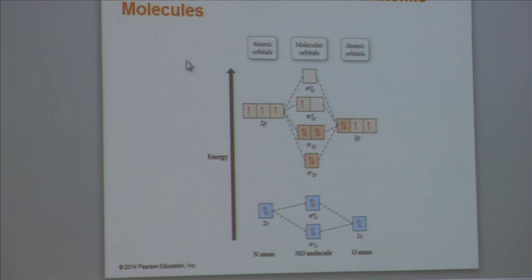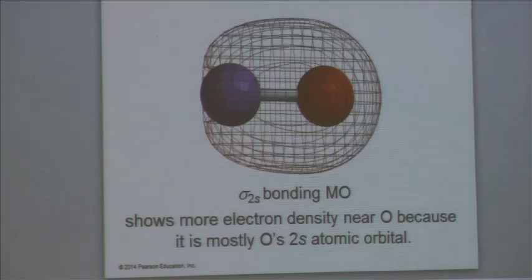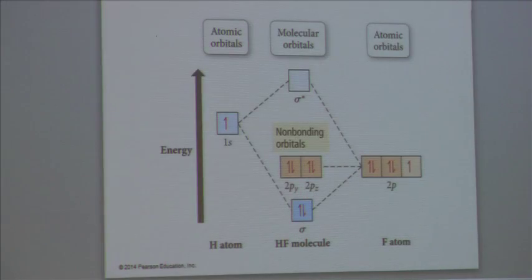So if we take a look at another molecule, a heteronuclear one, that means you have an N and an O, 2 different atoms, to form the NO molecule. It shows more electron density near the O, because of the lower 2s atomic orbital energy, as we learned in chapter 8, so more of the electrons will tend to spend their time there.